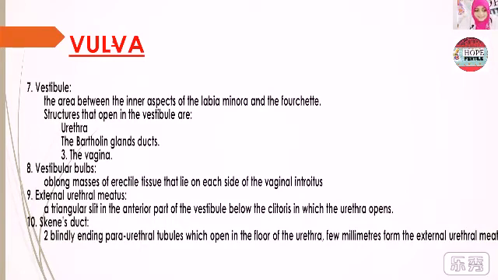External urethral meatus is a triangular slit in the anterior part of the vestibule below the clitoris, in which the urethra opens. Then Skene's duct, two blindly ending paraurethral tubules which open in the floor of the urethra a few millimeters from the external urethral meatus.